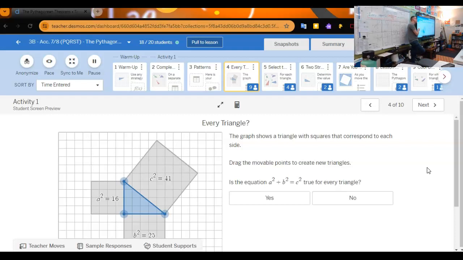Would this work with a right triangle, but not with squares? What if we put hexagons, or semicircles, or any other shape? Triangles. Specific triangles on the edges. Right triangle.